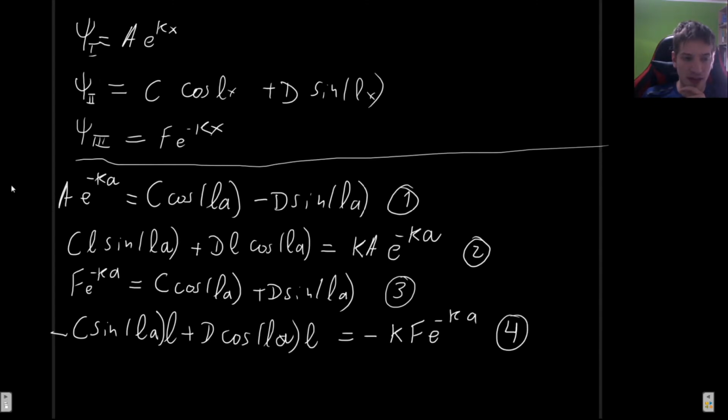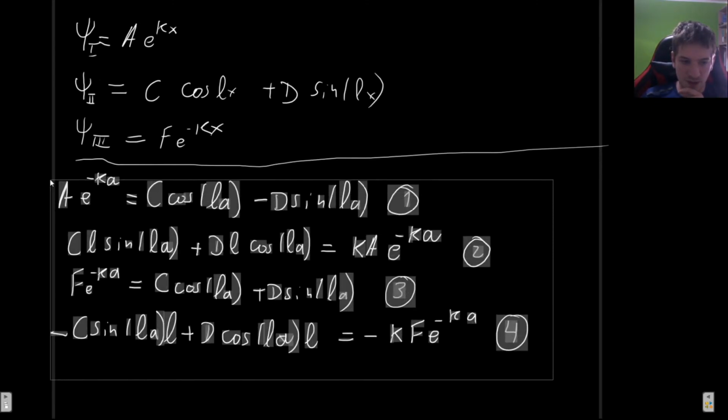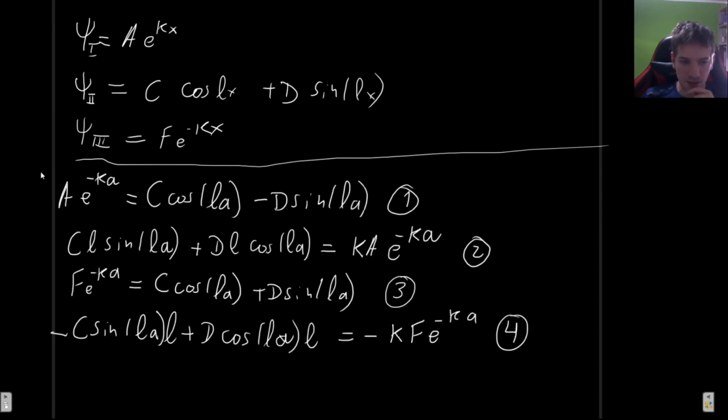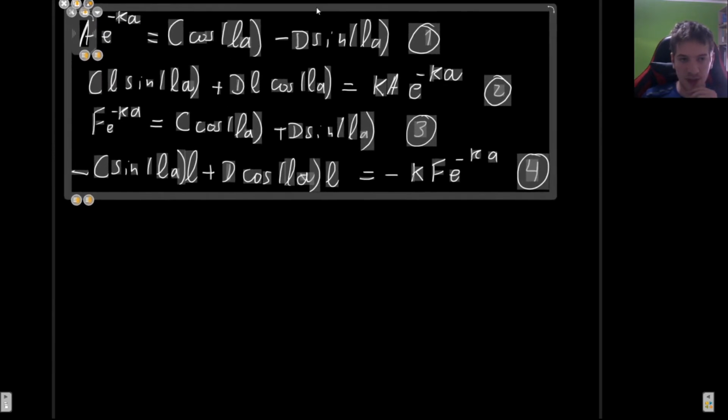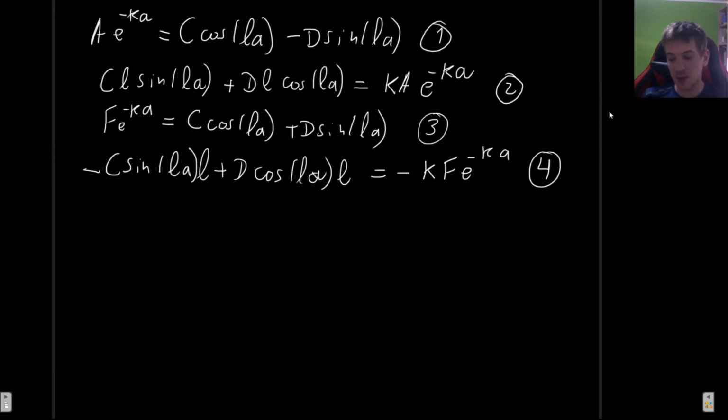So now we have our system of equations. These are our 4 equations that we'll have to solve now in order to determine how these quantities relate. And with that, we will be able to find a transcendental equation that tells us which energy levels are allowed. So now, just as within the previous videos, we have to find some way to connect all of these.